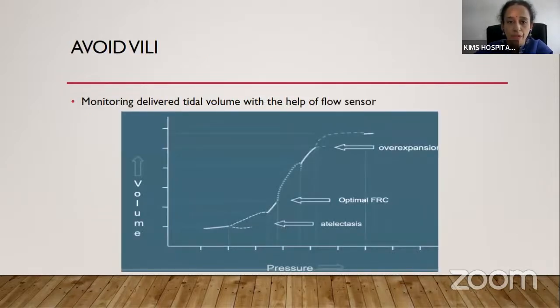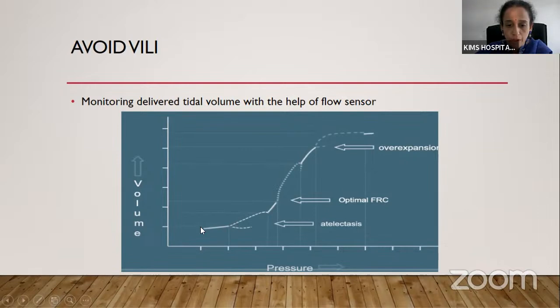So how to avoid ventilator-induced lung injury? By monitoring the delivered tidal volume with the help of the flow sensor. This is the lung expansion curve. When we are increasing the pressure for the baby, initially there will not be much change in the volume.